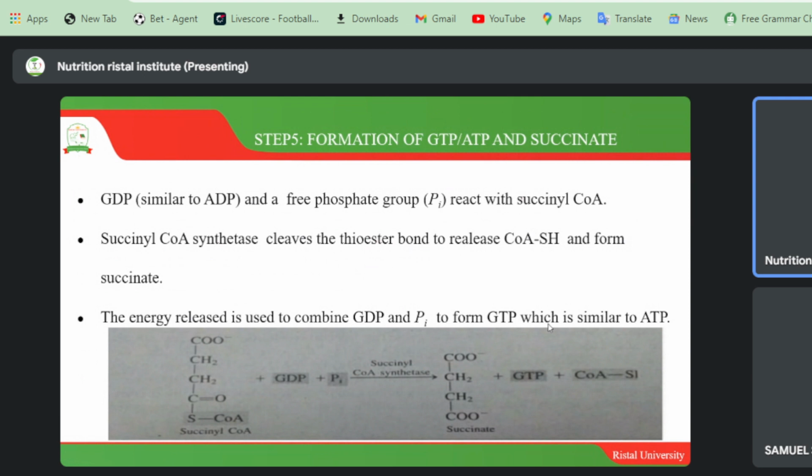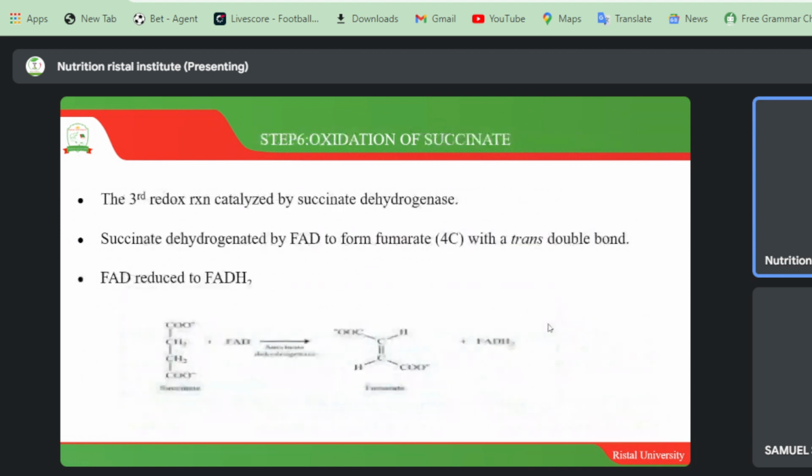So it is very important to understand that there is an ATP molecule that has been produced here, and this is our first ATP molecule, and if I'm not mistaken, the only one. However, we'll continue and do the accountability of it. This is the first ATP molecule that has been produced during the Krebs cycle.